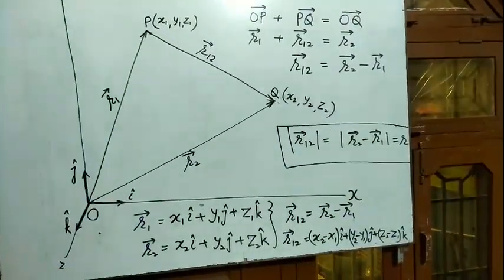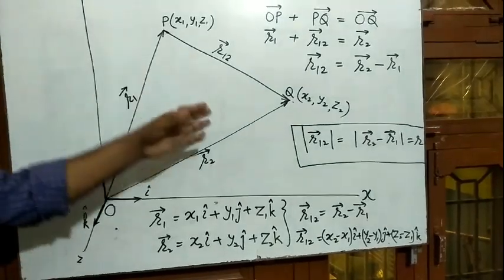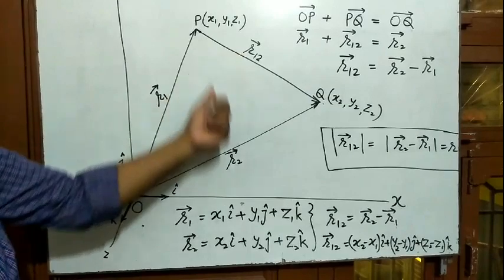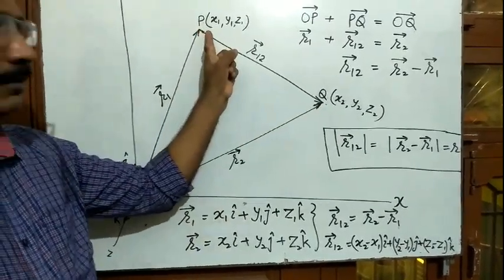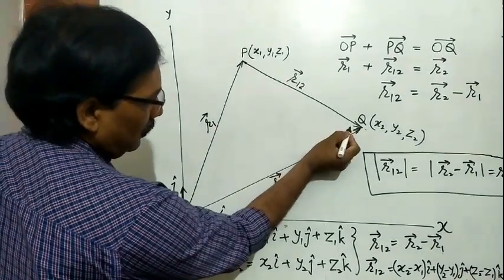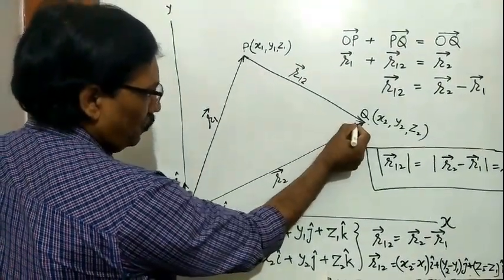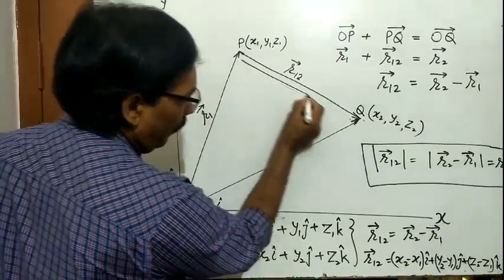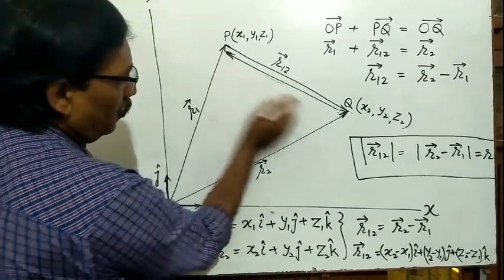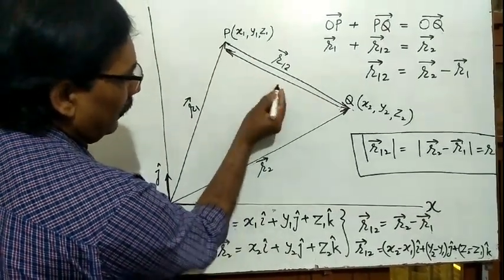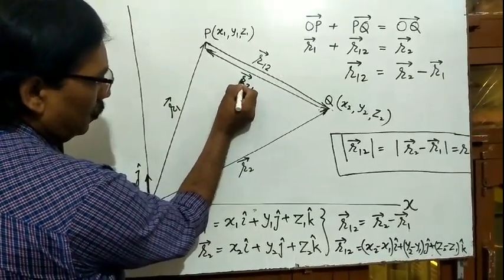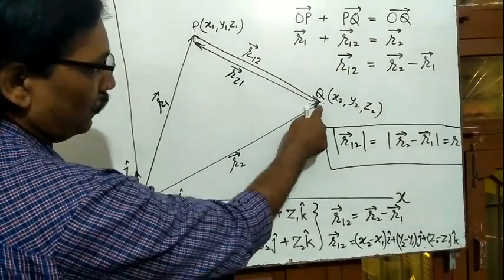Similarly, suppose in place of finding this displacement from P to Q, we find displacement from Q to P, in this direction. From Q to P it is written as vector r21, from this point to this point.